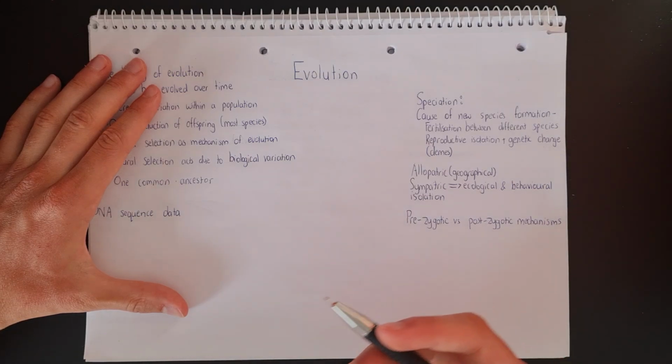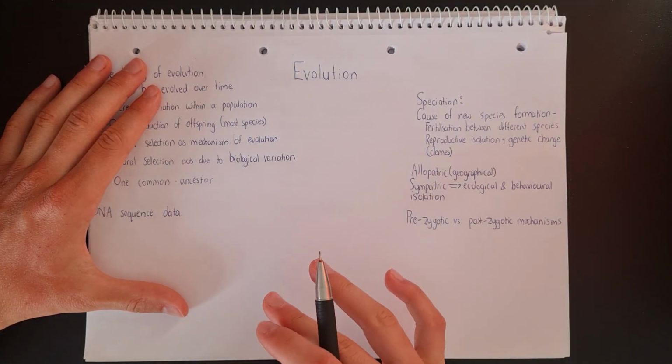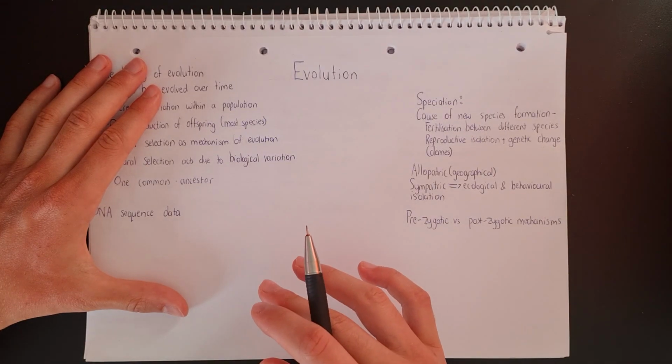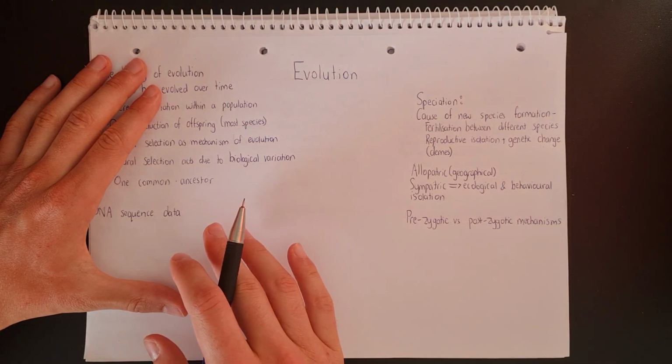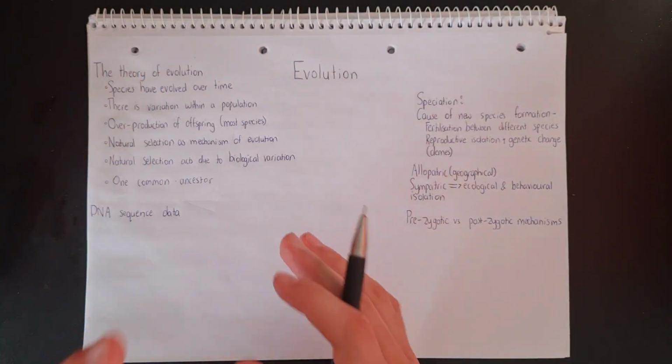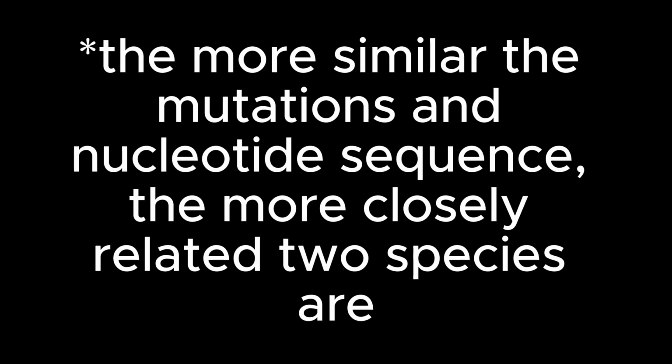Based on that, we can deduce how closely related two different organisms are. If they have a similar number of mutations, that means they'll be more closely related than if they were to have very different numbers of mutations.